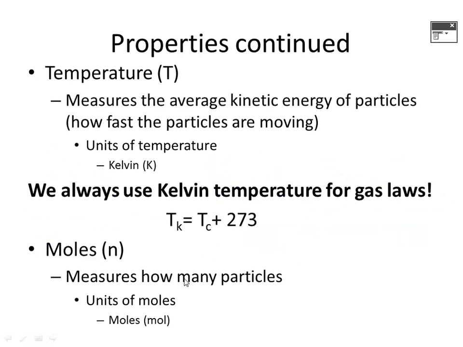And the abbreviation for moles is mol, M-O-L, not M. M is meters, not to be confused with moles. If I have more particles, I have more moles. And we did a whole unit on that, which we will be reviewing soon.